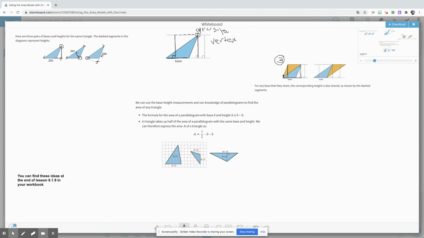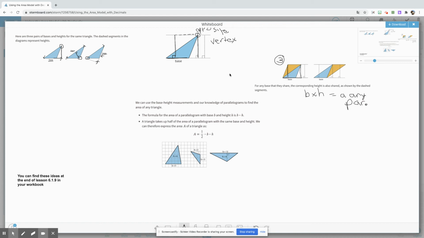Now, when we were finding the area of this parallelogram, the area was base times height. And that equaled the area of any parallelogram. I'm not writing it out, but you know it's the area of any parallelogram.